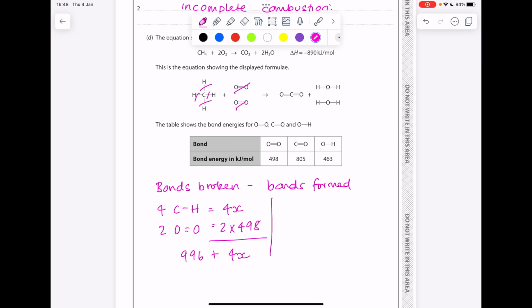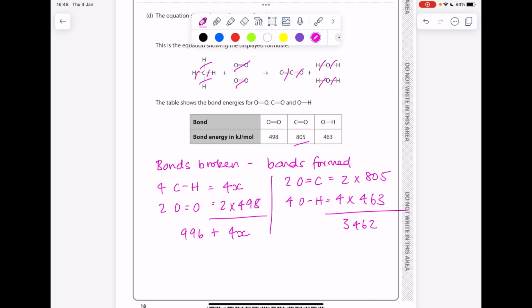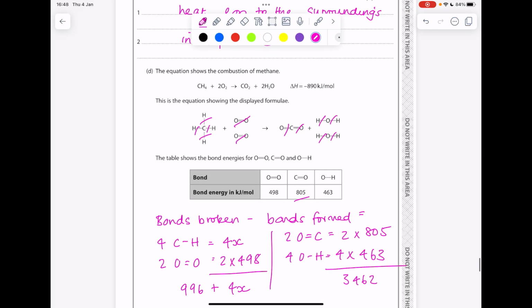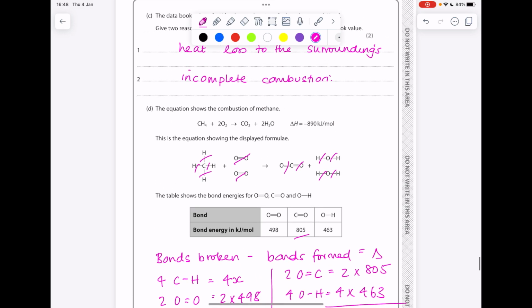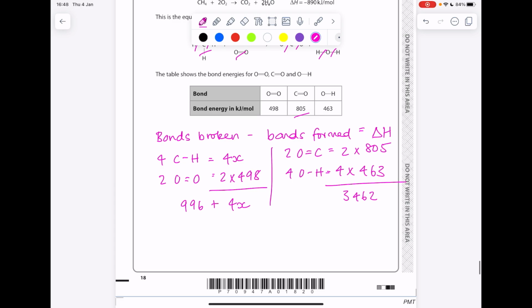What about our bonds formed? It's 2 lots of O=C bonds. And it's 4 lots of O-H bonds. So the equation is bonds broken minus bonds formed equals delta H. So let's just put that all together.